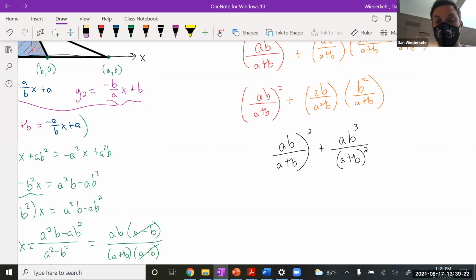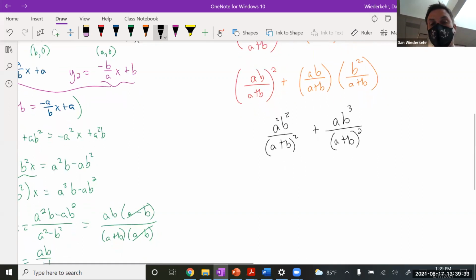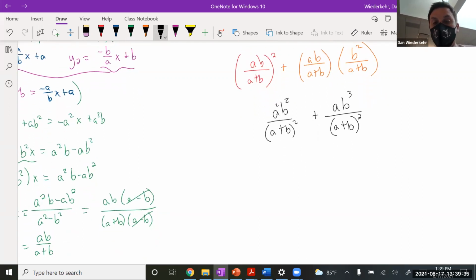Okay, and actually, let me rewrite this one instead. Let's write it that way. And squaring everything. All right, so now we've got a squared b squared plus ab cubed over a plus b quantity squared.